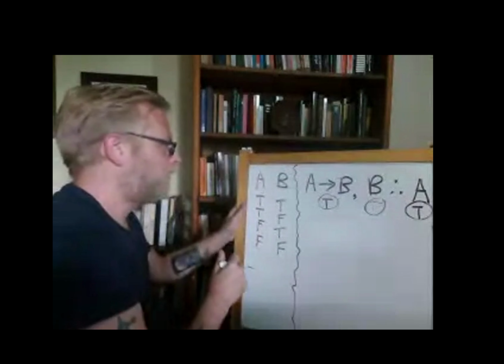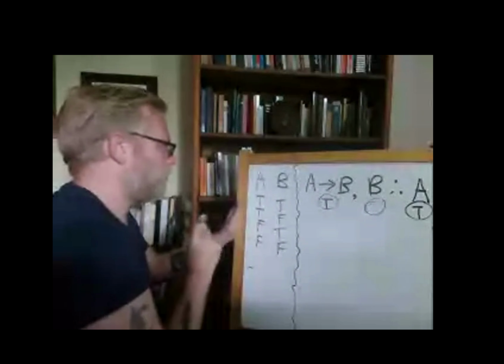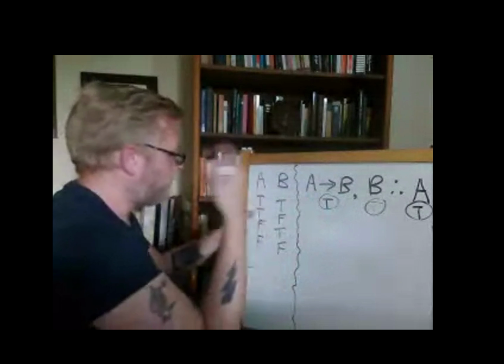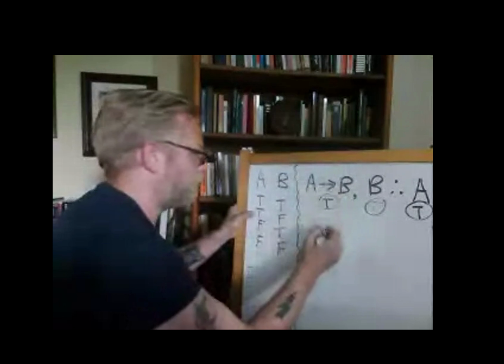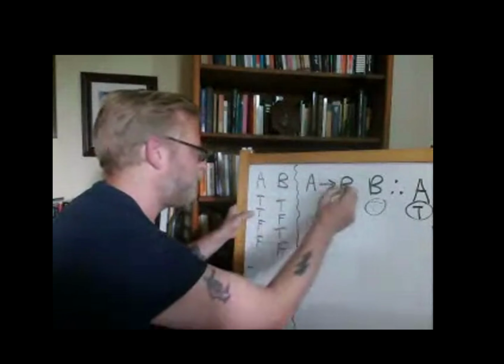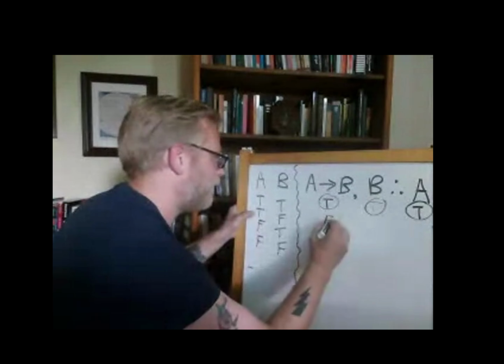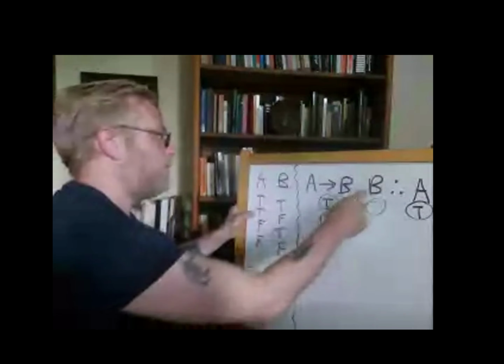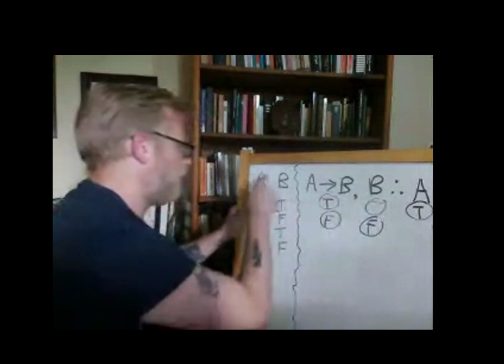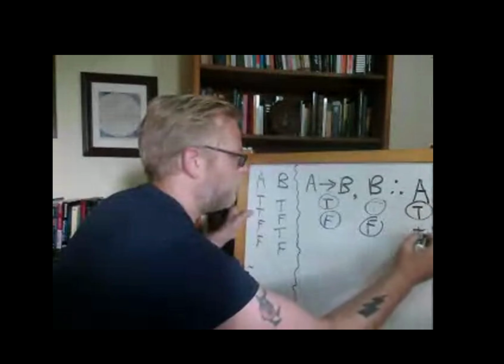So far we're good. Now, how about world number two, where A is true and B is false? Well, remember, that's the world where conditionals are false, right? Conditionals are only false when A is true and B is false. So we make it false for there. And then B in that world is false. And A in that world is true.